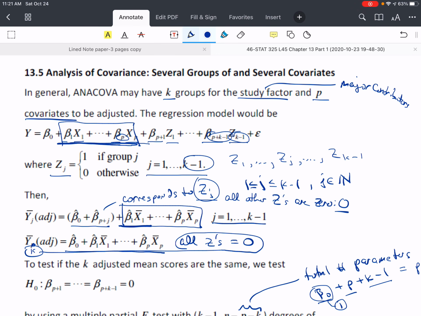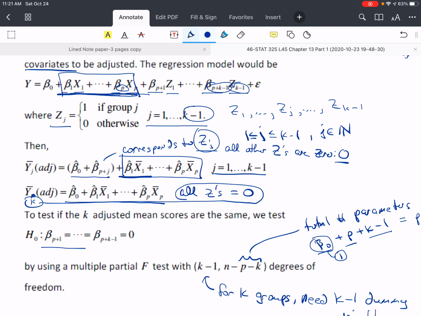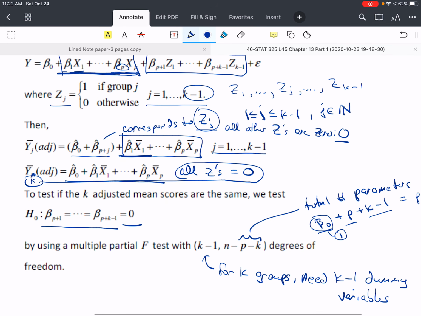To test if the k adjusted mean scores are the same, we test that beta p plus 1 equals beta p plus 2 up to beta p plus k minus 1, and that they're all equal to 0. So all of the coefficients for the z's are equal to 0. That's how we test if they were the same.